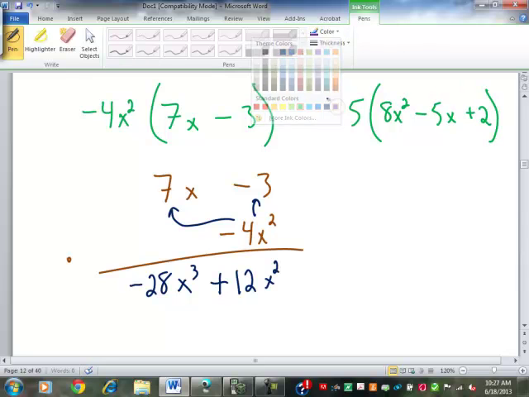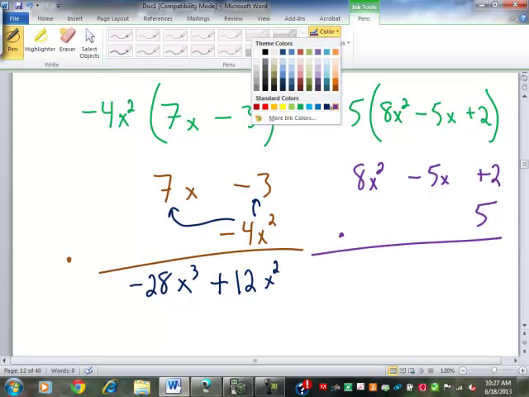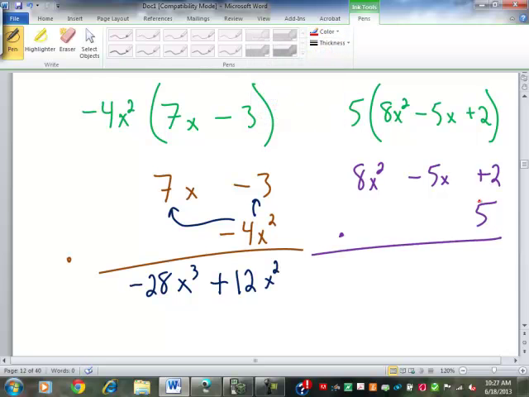So here, this is a little bit longer, but it's going to follow the exact same process. 8x squared, negative 5x, positive 2, times 5. So the 5 times positive 2 is positive 10, good. 5 times negative 5x, negative 25x, good.